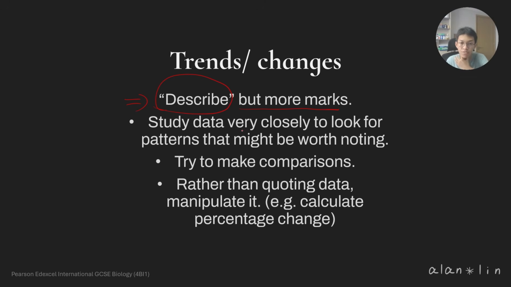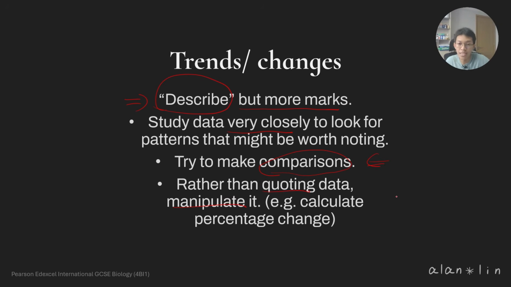So the advice that I would give for this kind of question is to study the data very, very closely and to find out the patterns that might be worth noting. And in my experience, comparisons are very useful and they are very common mark points. So try to write comparatively when you are describing in these questions. And if you want to support your points, don't just quote data, manipulate it.